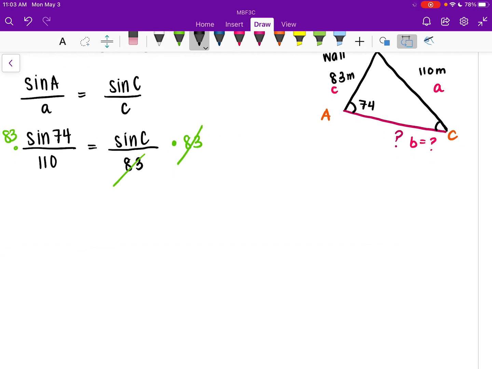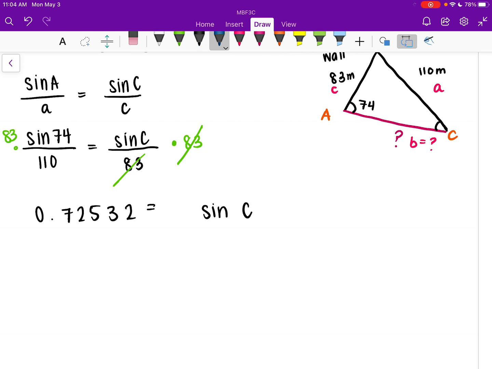So I'm left with sine 74 divided by 110 times 83. So I'm left with 0.72532 is equal to sine C, right?